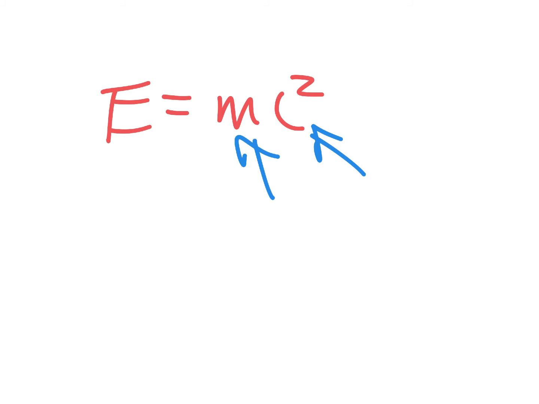So here's the directions off the ACT. I'm not saying this will be on there, but it could be for sure. Solve for M in terms of E and C. Try it. Solve for M in terms of E and C. That just means that E and C will be in your answer.